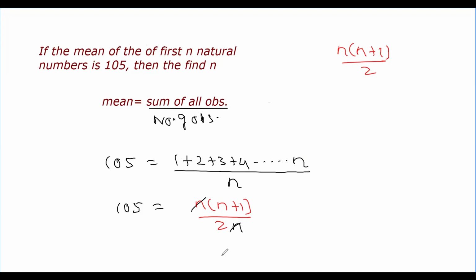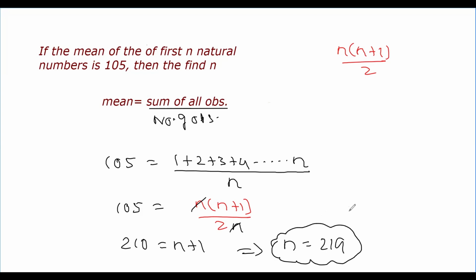You can see that the 2 gets transposed to this side, so 105 into 2 is 210, which is equal to n plus 1. This implies n is 210 minus 1, which should give you 209. So therefore, this is the answer for this question.